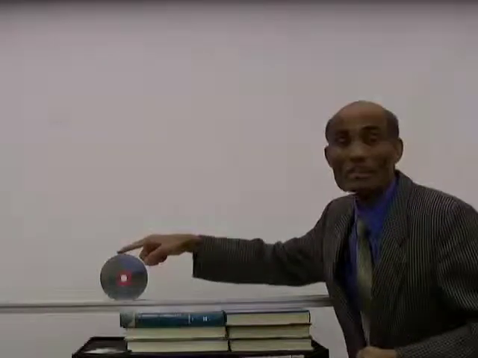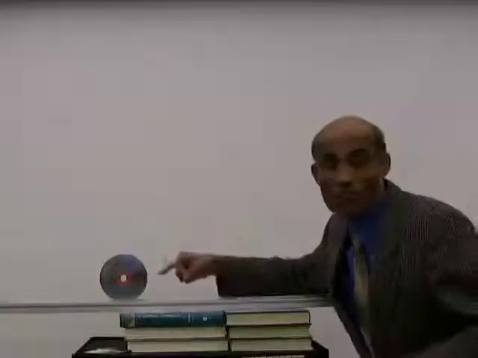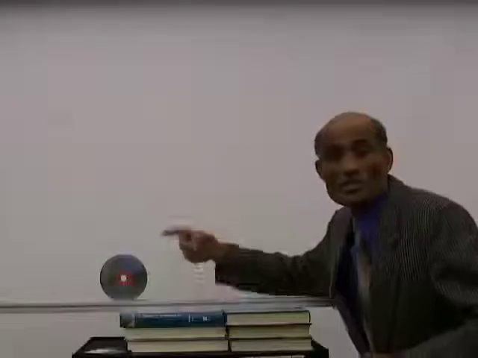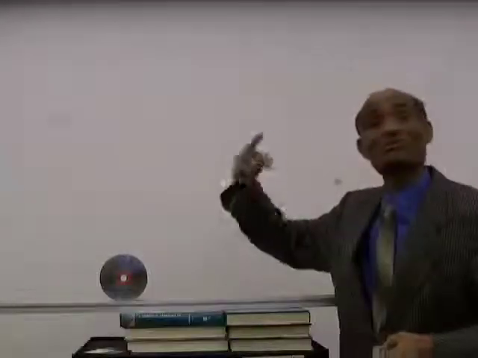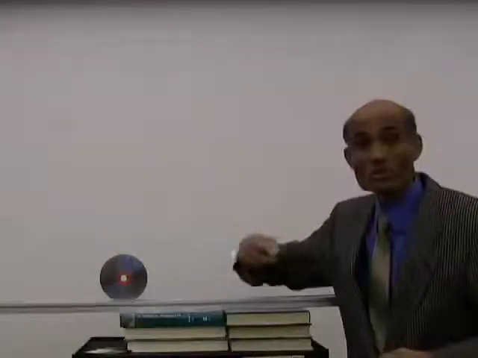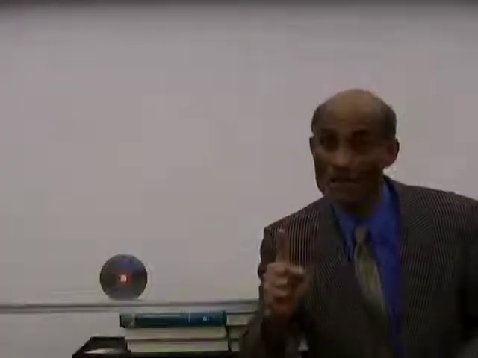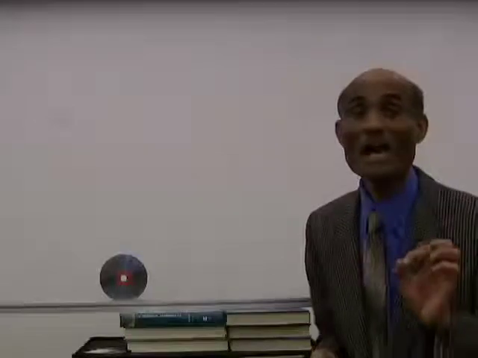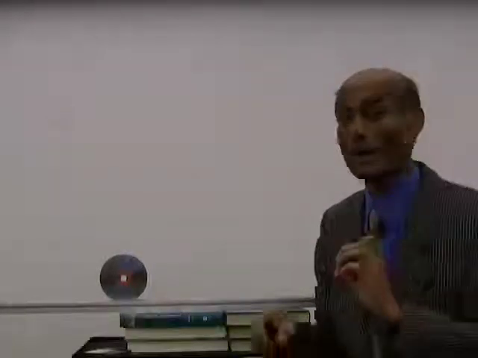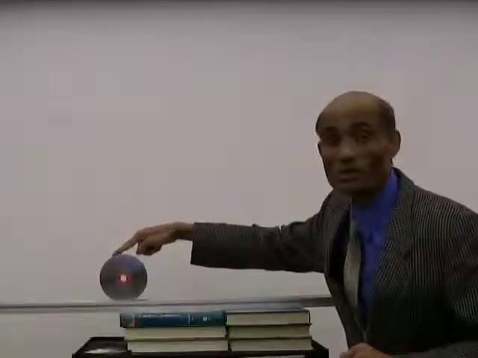So when a disk is rolling, it is rotating. That means it has kinetic energy of rotation. What is the equation for kinetic energy of rotation? K rotation is 1/2 I omega squared. So it rotates.